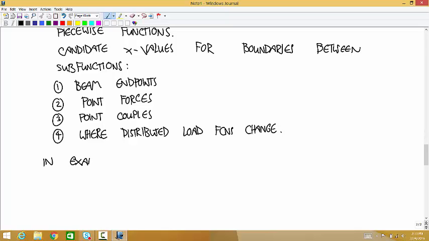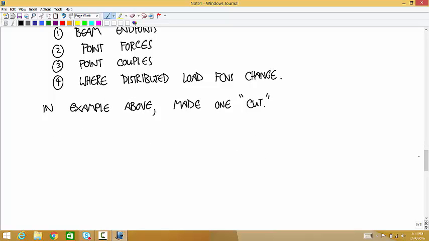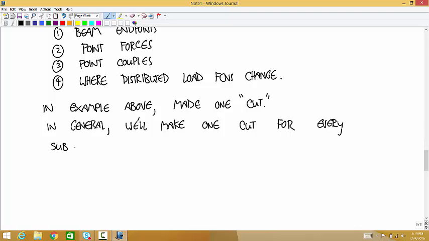In the example above, we made one cut. In general, we're going to make one cut between every one of these candidates for boundaries. That sounds complicated, but it's not.